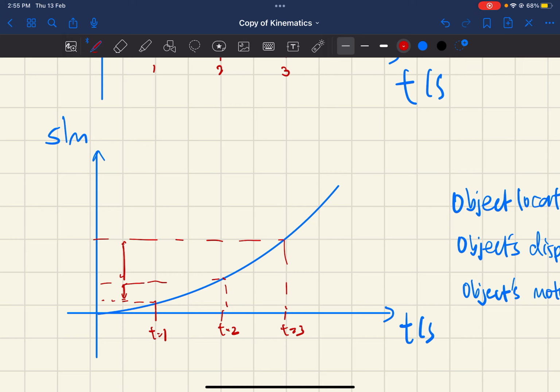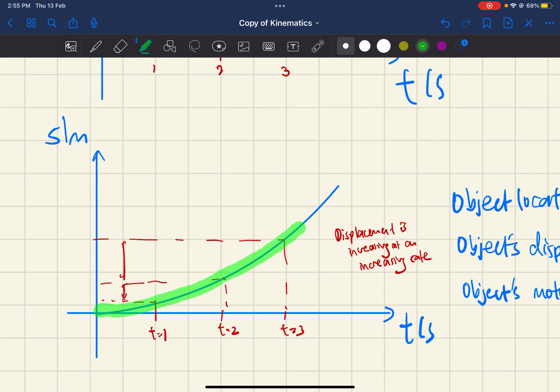So as a result, for this line over here, your displacement, which is your line, is increasing at an increasing rate. Next one, your gradient over here is curving upwards. Think of your gradient as the steepness of the line. As you can see, the gradient is getting steeper and steeper and steeper. So your gradient is increasing, which means that your velocity is increasing as well.